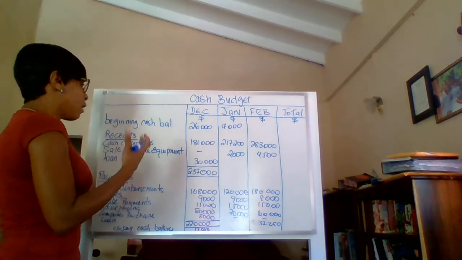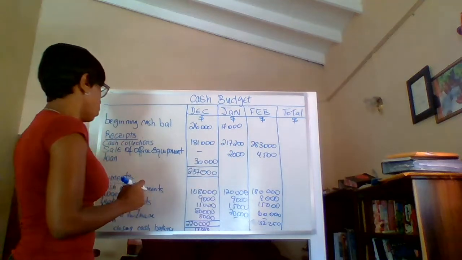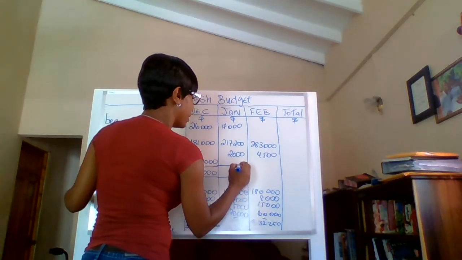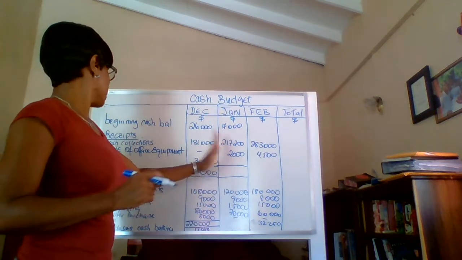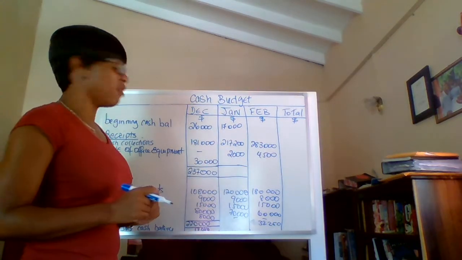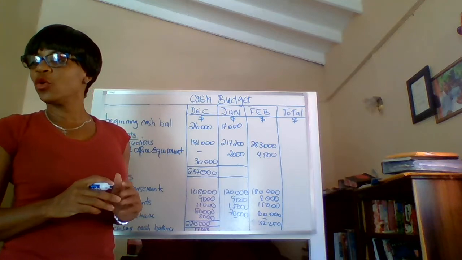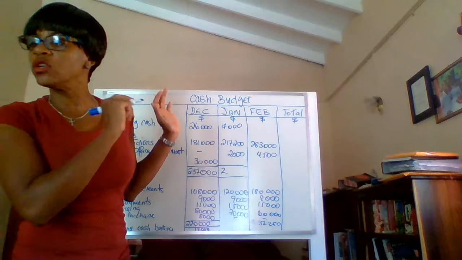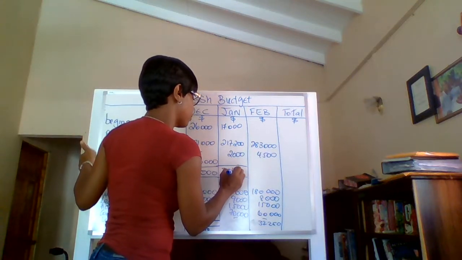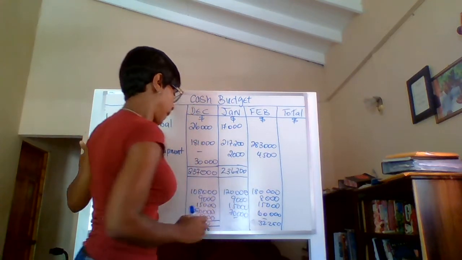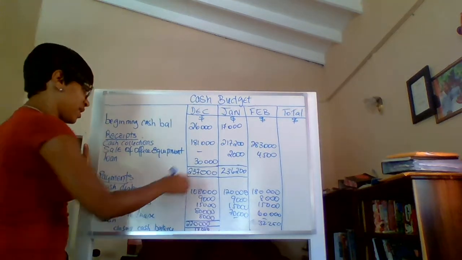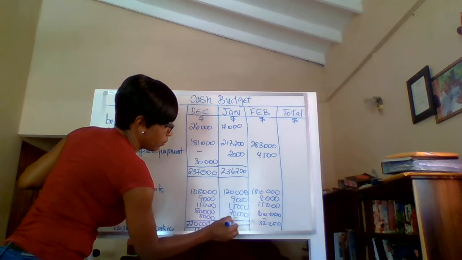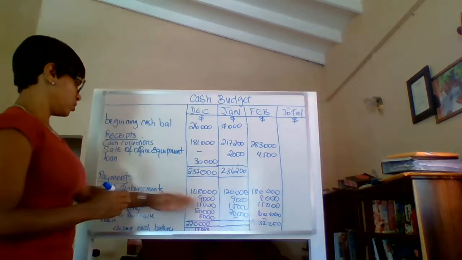Right. So now we can go ahead and total your receipts for January because you have included the opening balance. So the opening balance plus your cash collections plus the sale of office equipment will give us a total receipt in January of $236,200. Just like December, we are going to add the total payments.